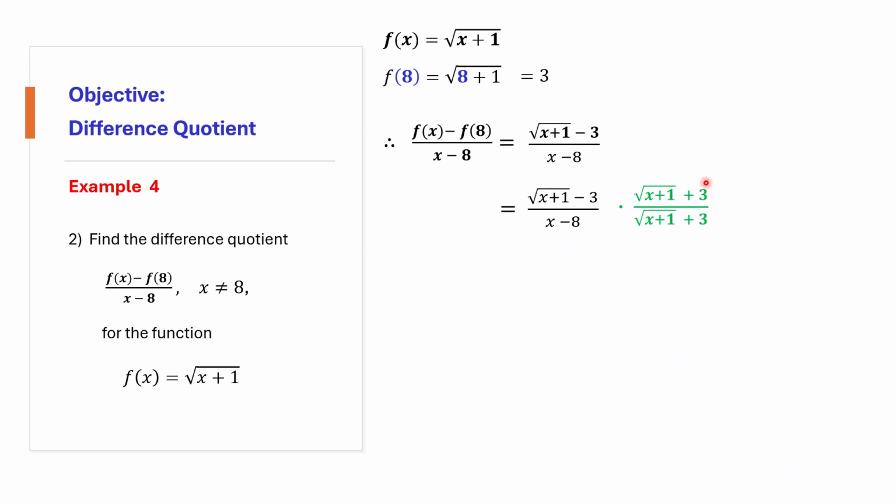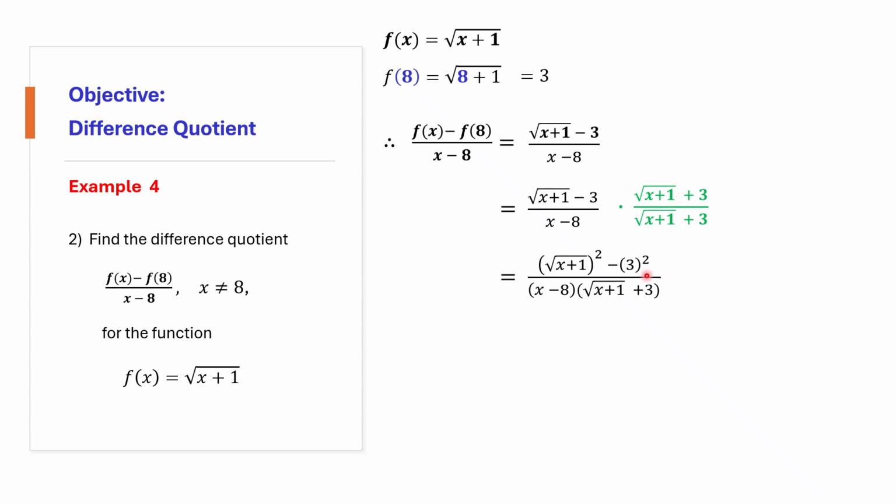Because if you multiply this with the same expression, this is equivalent to 1 and the given will not change. So now let us multiply both of them. In multiplying two fractions, we will multiply the numerator to numerator and then denominator to denominator. When you multiply the numerator to numerator, you can see that there are the same first term and the same second term, but opposite sign.